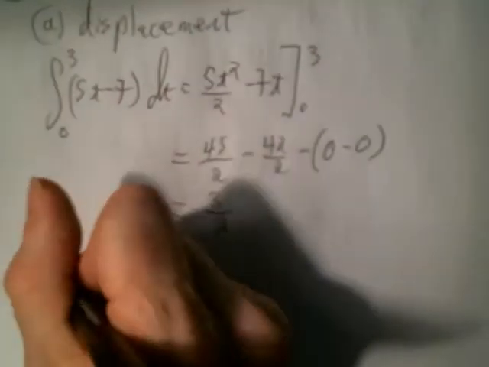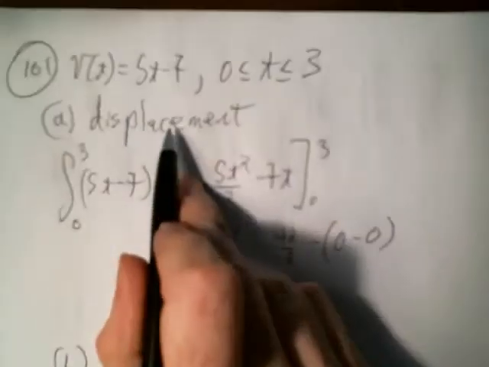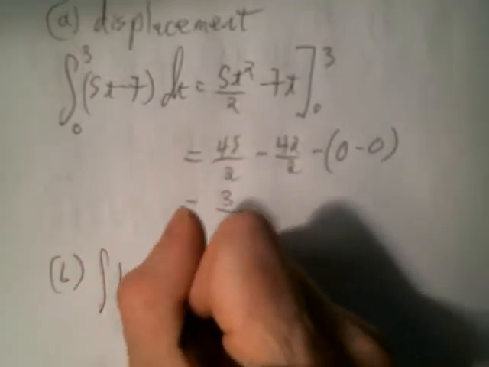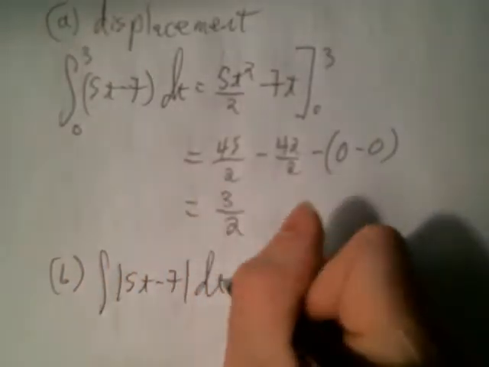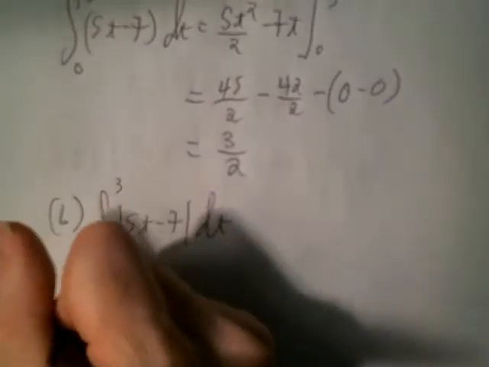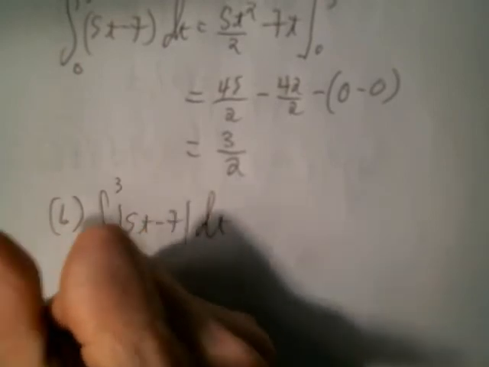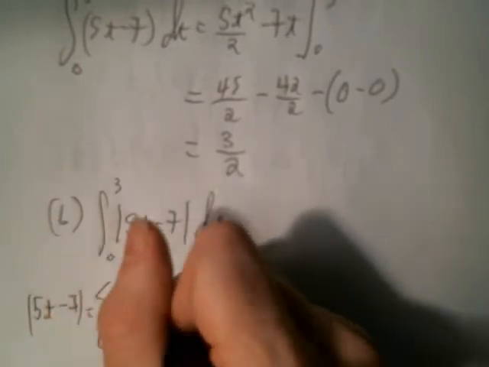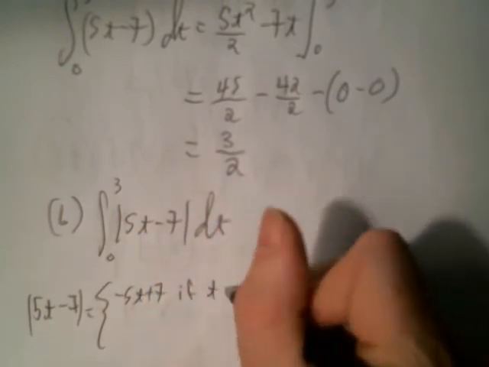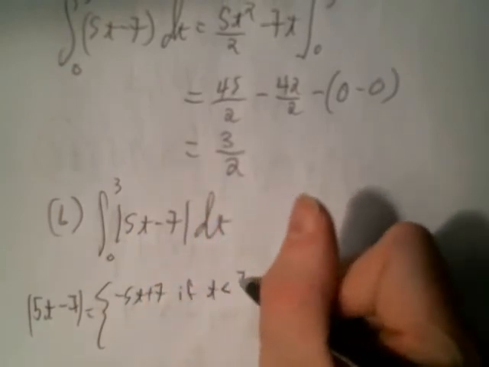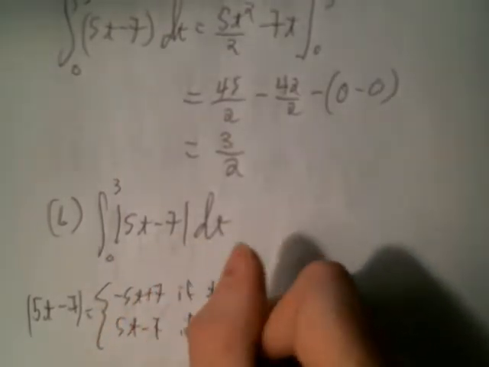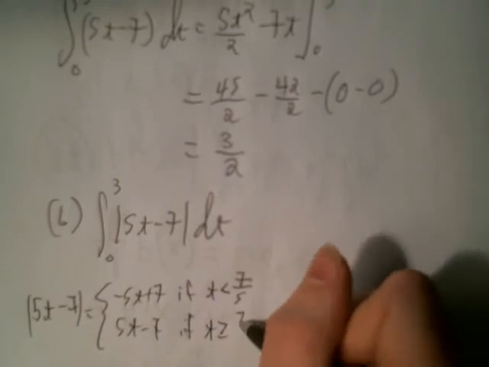Okay, then the distance traveled, you need to do the integral of the absolute value of the velocity function. So the integral of the absolute value of 5t minus 7 dt. So for absolute value problems, you need to split those up, right? So 5t minus 7, the absolute value of that thing is negative 5t plus 7 if t is less than 7/5, and then 5t minus 7 if t is greater than or equal to 7/5.